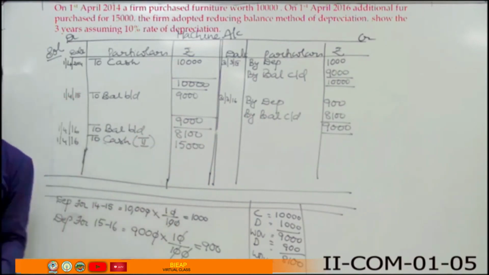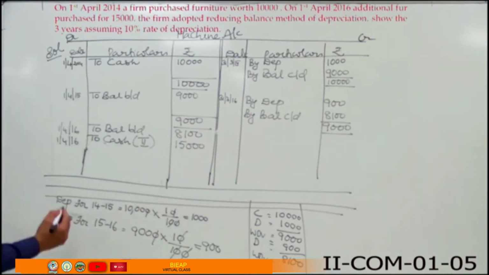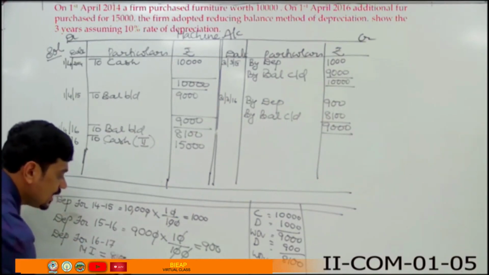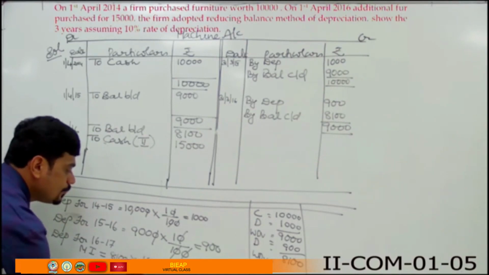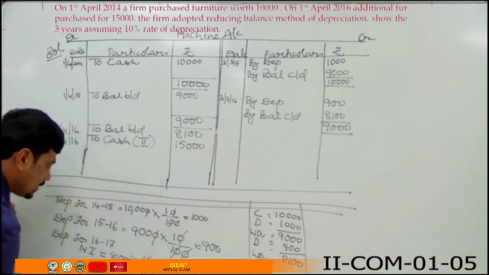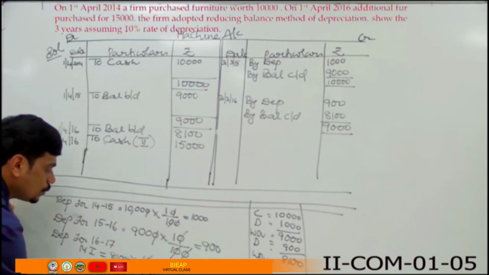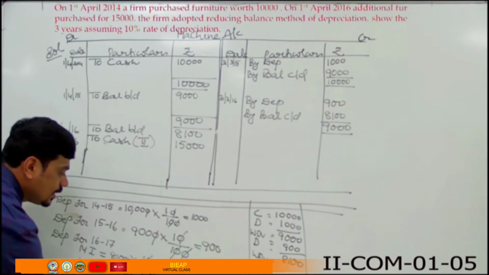So 2 depreciations I will calculate. So here depreciation for 16 and 17. First I'll write machine number 1: 8,100 into 10%. Cancel the zeros, 810 we get. Then machine number 2: 15,000, how much percent? 10%.